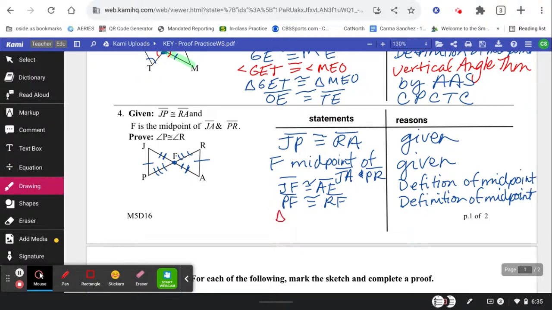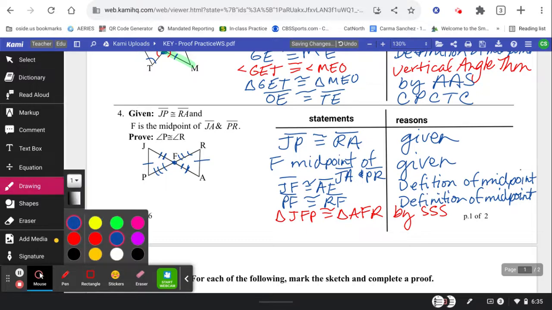So triangle JFP is congruent to triangle AFR by side, side, side. Okay. Now I can talk about anything else that I want to talk about, which is that angle P is congruent to angle R. Corresponding parts of congruent triangles are congruent. How'd you do?